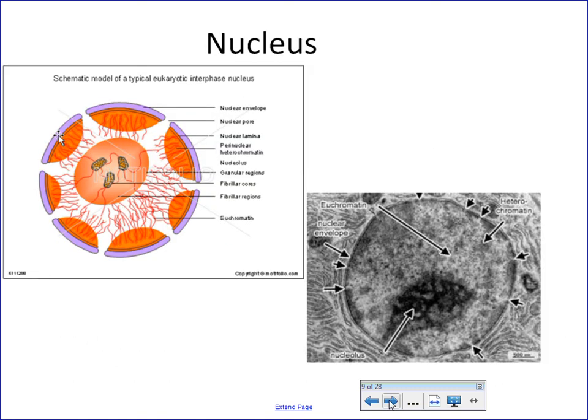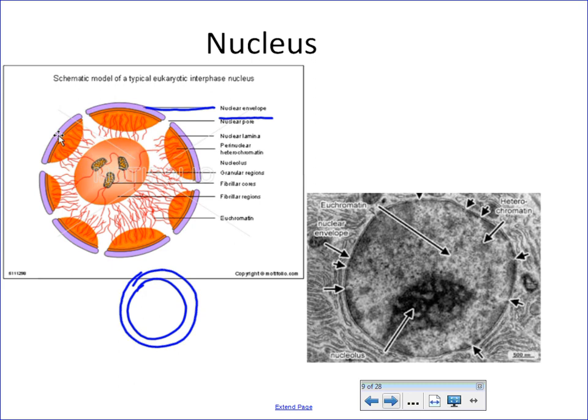Looking at the structure of the nucleus, there is the nuclear envelope, which can be considered the purple structure around the diagram. Remember, that is a double membrane, so it would literally consist of one membrane, and then surrounding it would be a second membrane.